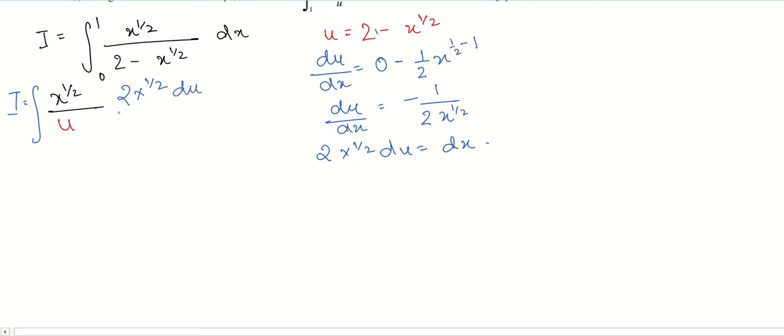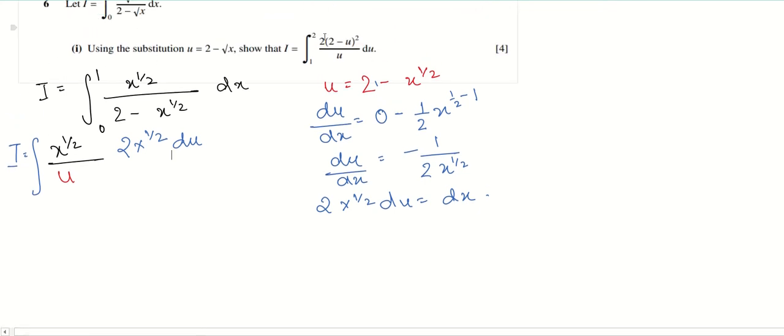So our form is basically they want it to be like this, right? Alright. So we need to know what x to the power of 1/2 is. We have 2x to the power of 1/2, so we want to find that first. Now we have x to the power of 1/2 here, and we have x to the power of 1/2 here.